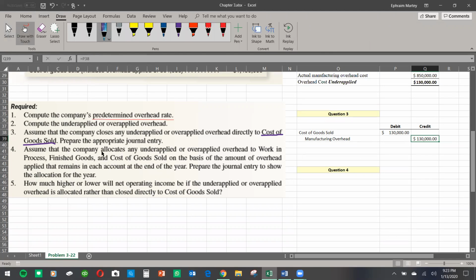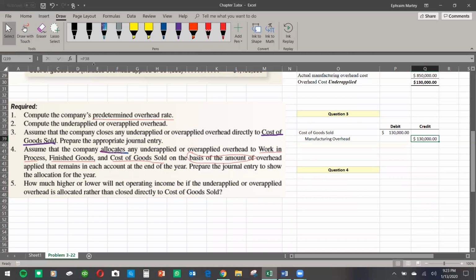Allocate any underapplied to work in progress, finished goods, and cost of goods sold on the basis of the amount of overhead applied that remains. The basis of the amount is a percentage. You're going to use percentages based on the amount that was actually incurred.